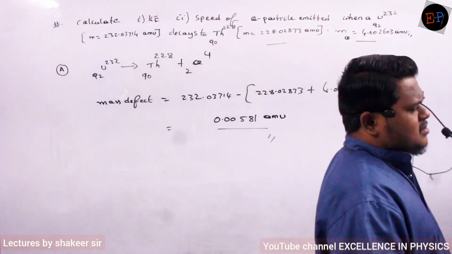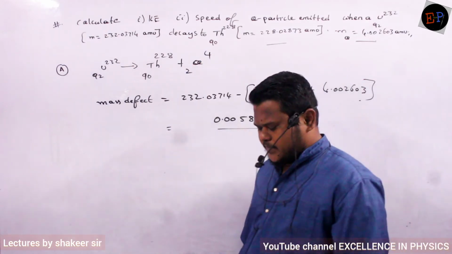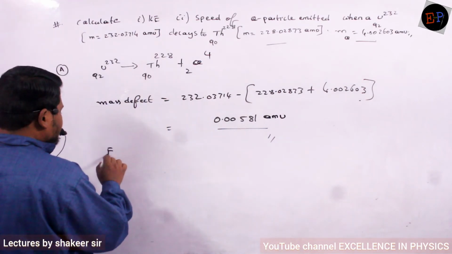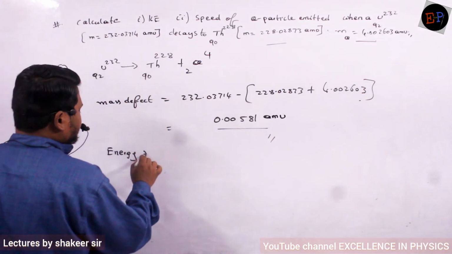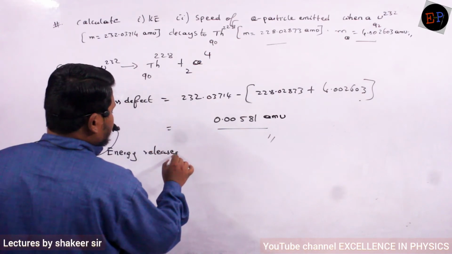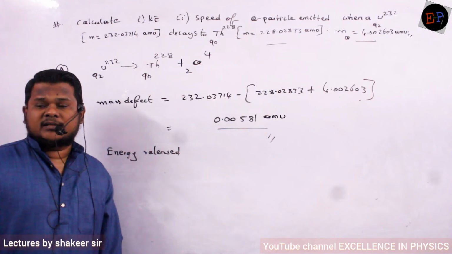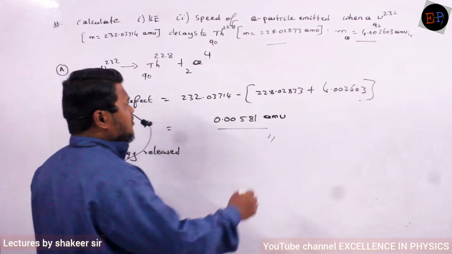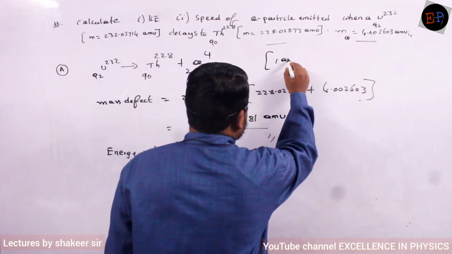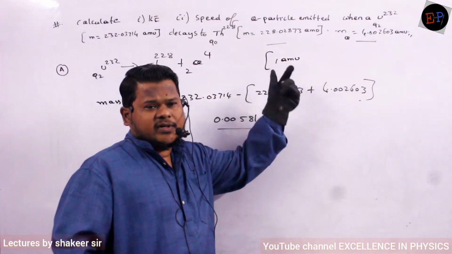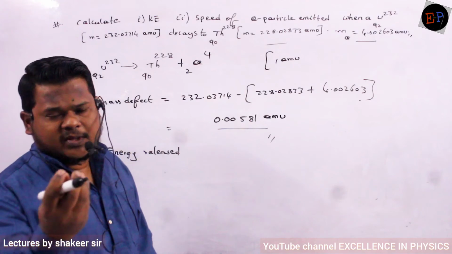Now when this mass has disappeared, what is the energy that should have been released? How can I calculate it? 0.00581 into 931.5. Previously we studied that AMU is the unit of mass only, used for small atomic masses.